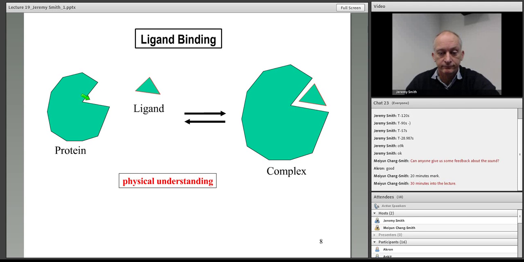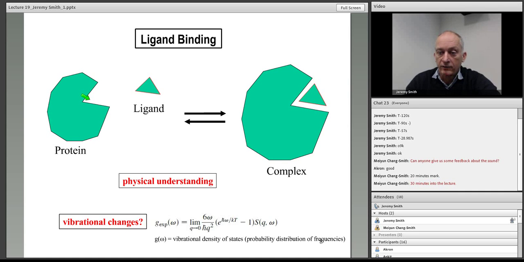And that's this fact. Now, when a ligand is unbound, it has its internal vibrations, and it also translates and it rotates. So you have 6 degrees of freedom there.